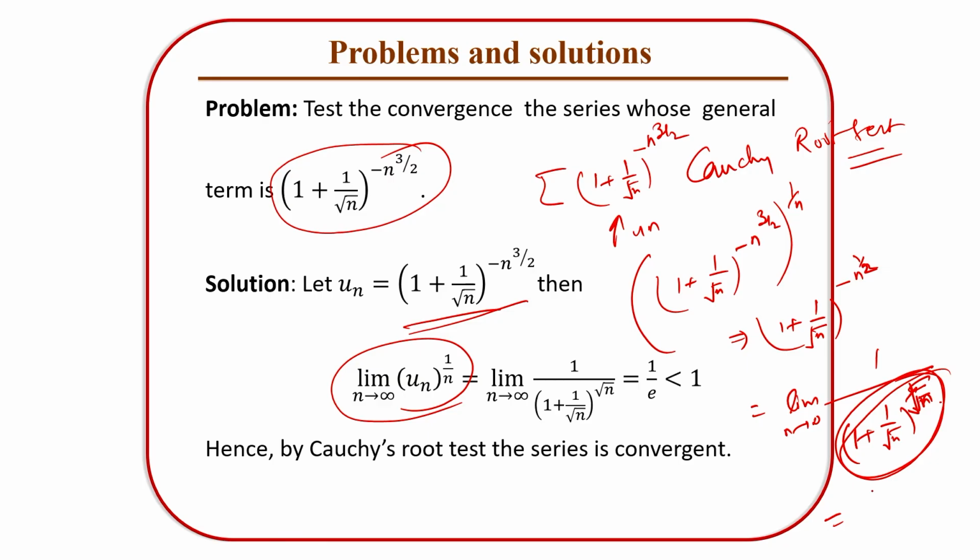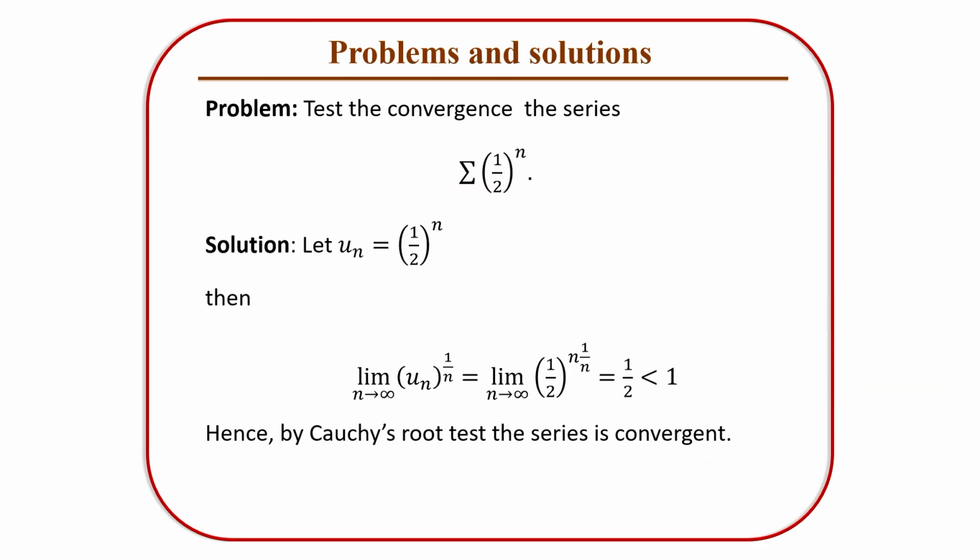So this will give you 1 by e, which is less than 1, because e has a value between 2 and 3, 2.713. So 1 by 2.71 is less than 1, and by Cauchy root test, if the limit is less than 1, the whole series is a convergent series.